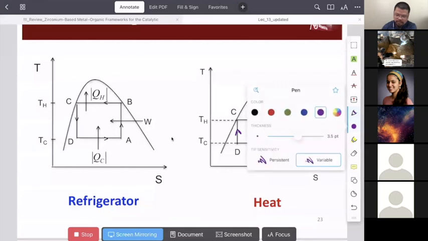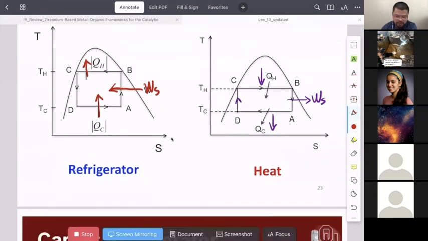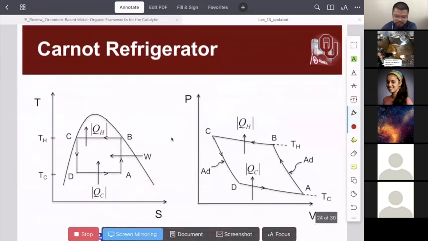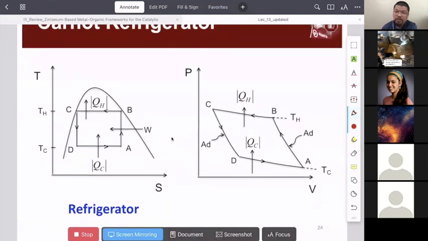And on the other side, when you look at the refrigerator, this is the heat input, this is the heat output, and we have to provide shaft work to make it happen. Okay, so we are paying our electricity bill to use the refrigerator in our home. Nothing special, but I hope you are not too surprised if we are looking at, instead of the TS diagram, this PV diagram, then we should be able to figure that out.